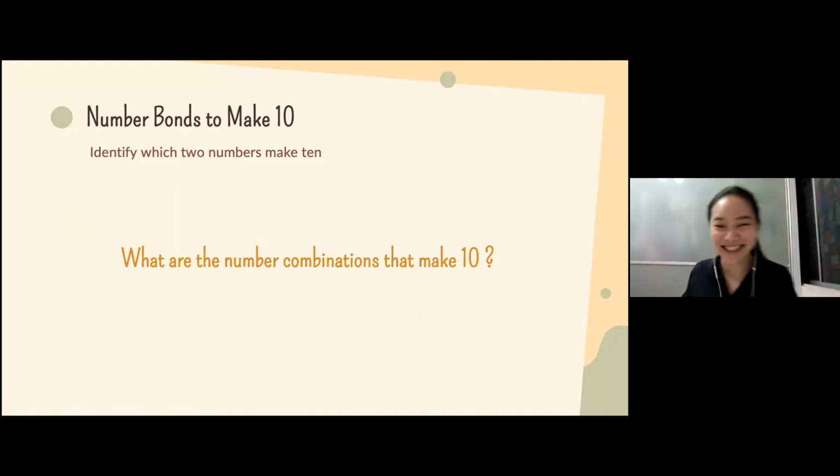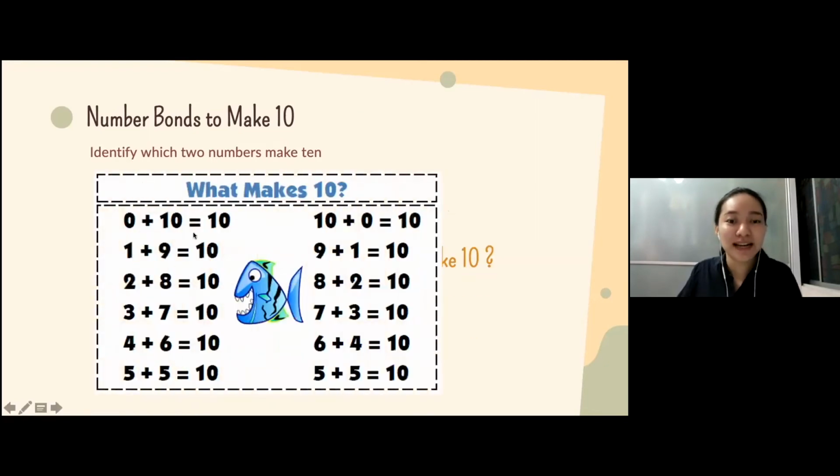That's the easiest one. 4 and 6, 3 and 4. 3 and 4 doesn't make 10, right? 7 plus 3. Yes, you are correct. So these are the number combinations that can make 10.